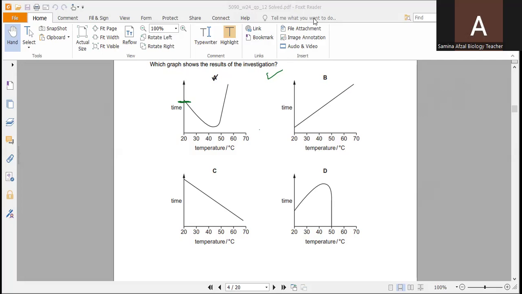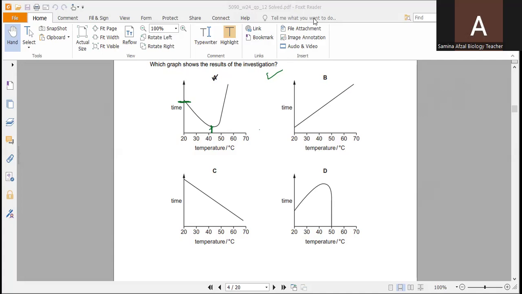As the temperature is increasing, the rate of reaction is increasing, due to which the time is decreasing. The lowest time is between 40 and 50 degrees centigrade. But after this, the time is increasing. Due to the denaturation of enzymes, the reaction is slowed down or stopped.